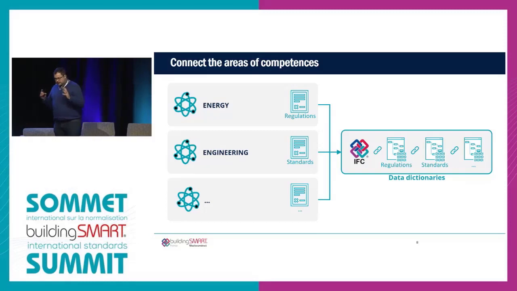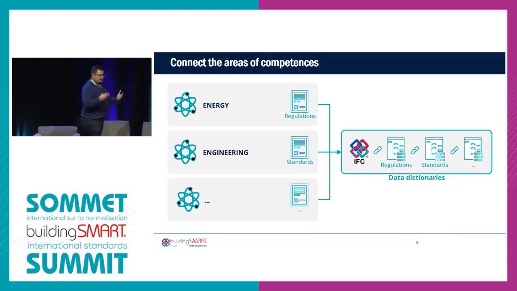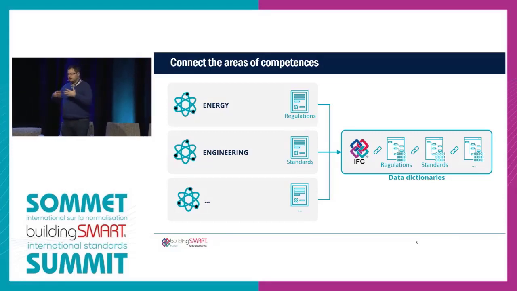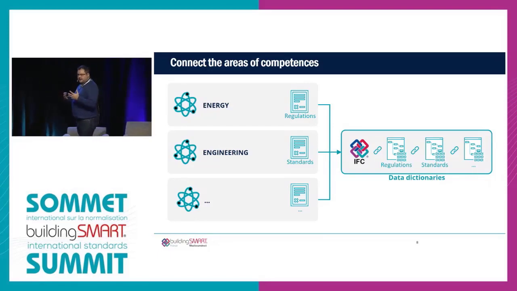What we want to achieve with a data dictionary is the ability to link those terminologies or semantics together to create relations between terminologies, and also to link those sources of semantics with the IFC to create complete interoperability between software or between actors.